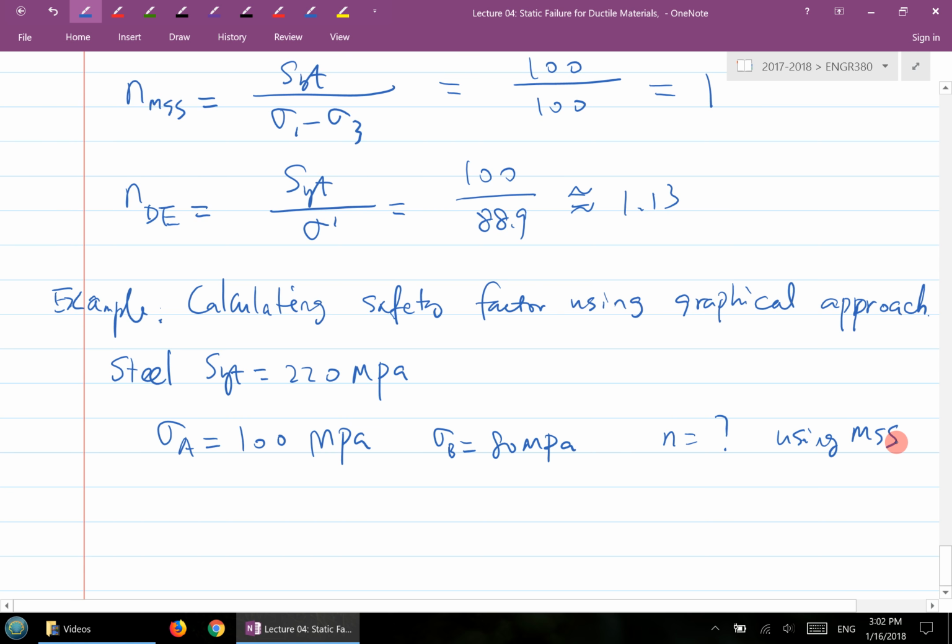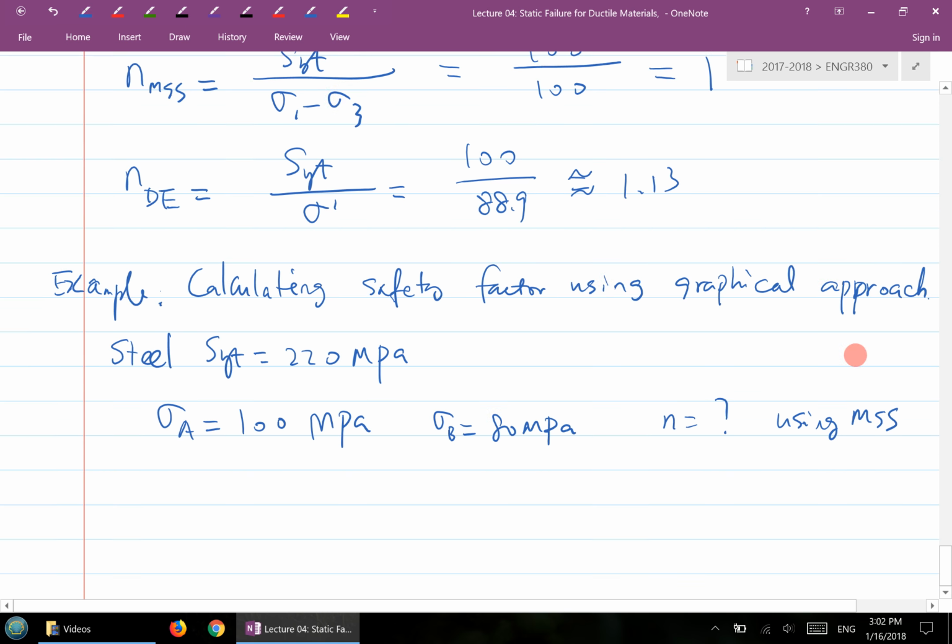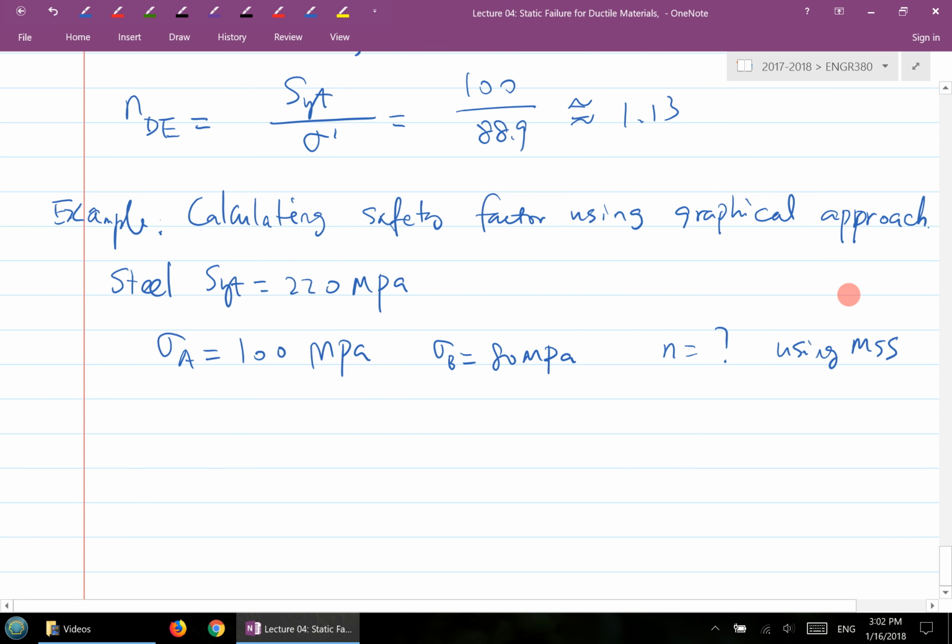So here, this is exactly the type of question we just did, right? You can use the formula to calculate the MSS and do a division. That's fine. But say you forgot your calculator, and you also forgot how to do a division.